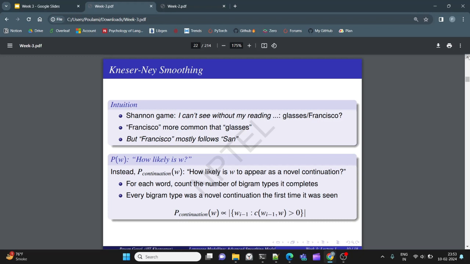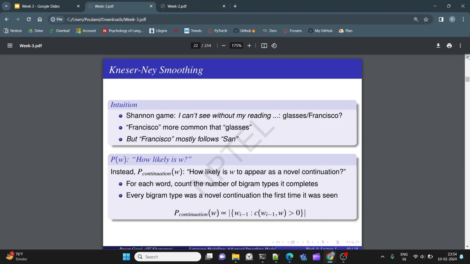There could be reading glasses, window glasses, or sunglasses. There could be many possible things. I don't think window glasses is a valid thing, but sunglasses, reading glasses, all these are valid bigrams that you can observe in the corpus.